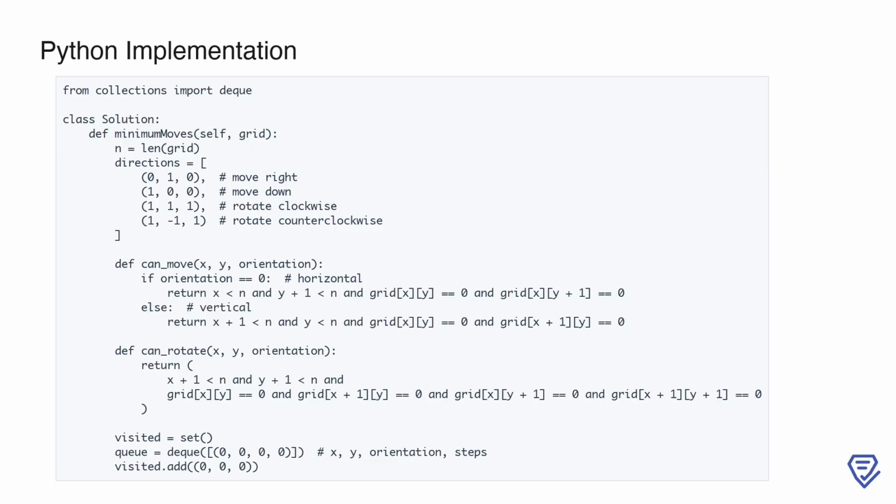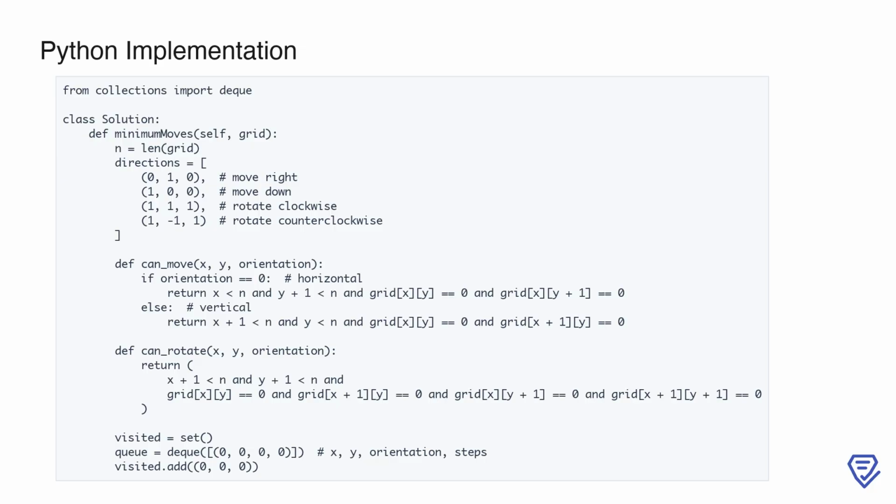Next, we define two helper functions, can_move and can_rotate. The can_move function checks if the snake can move to a new position without colliding with the grid boundaries or obstacles. It considers the snake's current orientation, which can either be horizontal or vertical. Similarly, the can_rotate function ensures that a rotation can be performed by checking a 2x2 area for obstacles.